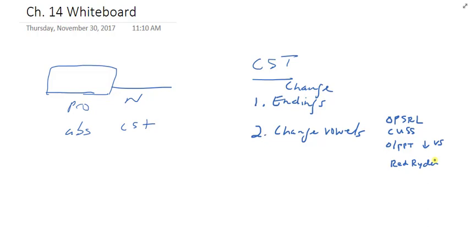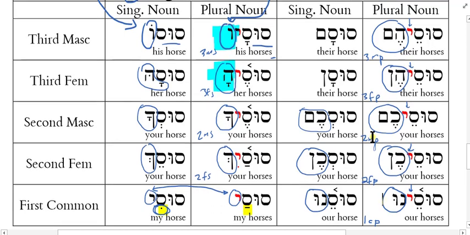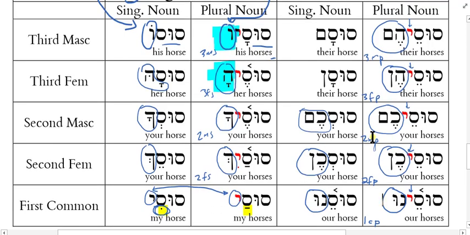Now, when you go back and look at this handout with all the forms of sus, did we have any vowel changes that happened to sus? Well, I'm talking about the shureq of sus. No. The shureq stays put in every form of my noun attached to pronoun suffixes because shureq is unchangeable, right?